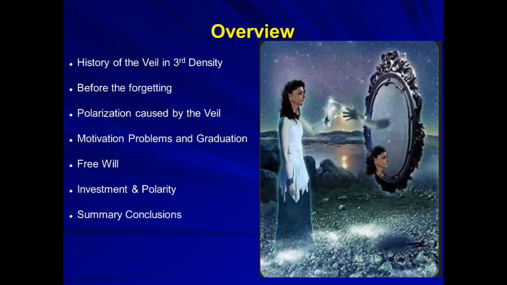Then motivation, problems, and graduation, which was one of the reasons for the experiment with the veil that proved to be successful, and how it impacted free will and the choice process in third density, and what investment means to polarity, not only in this density but the others. Then there'll be about 10 key points in summary that sum up what the veil is and our understanding of it. That's the process I want to get through in the next hour.